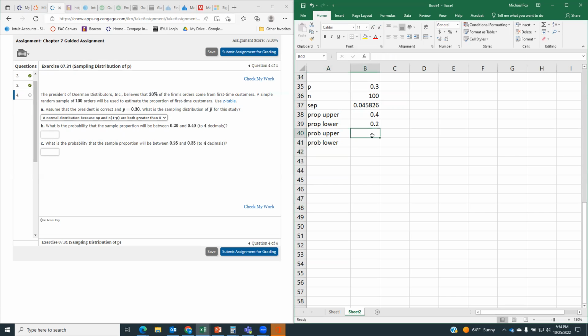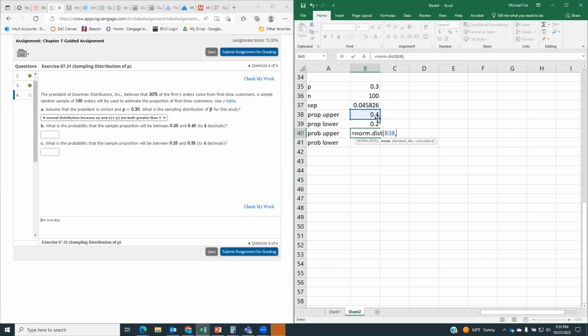So the probability of the upper proportion, I'm going to hit equals norm dot dist. For x, I'm going to use p, so the population proportion, comma, the mean. Oh, I take it back. I lied to you. For x, I'm going to use my proportion of the upper.